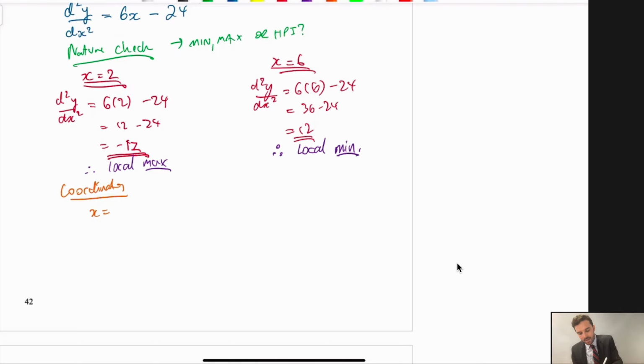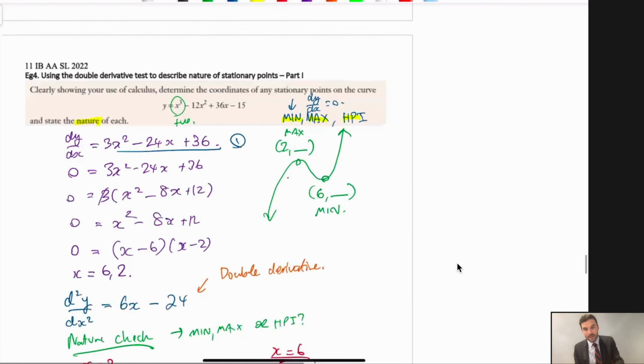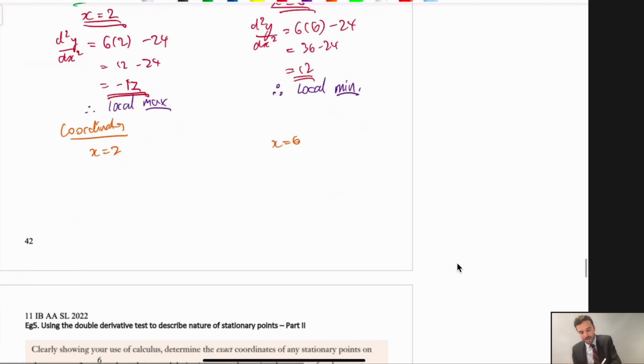Okay, x is equal to 2, x is equal to 6, and we're going to plug this into our original function up here, function y. So y is equal to 2 cubed, take 12 lots of 2 squared, plus 36 lots of 2, take 15. I get 17, so our coordinate is (2, 17).